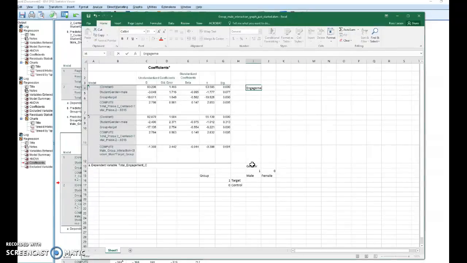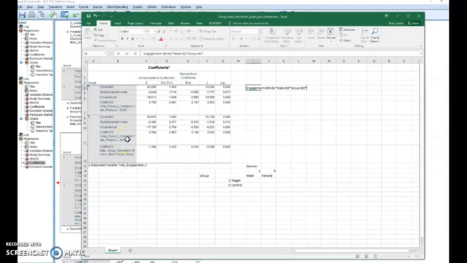So I have engagement is equal to beta naught, that's that number right there, the 92.8792, plus beta 1 times male, that's at negative 2.4, plus beta 2 times group, that's at negative 17, plus the interaction term, plus beta 3, which is the praise.